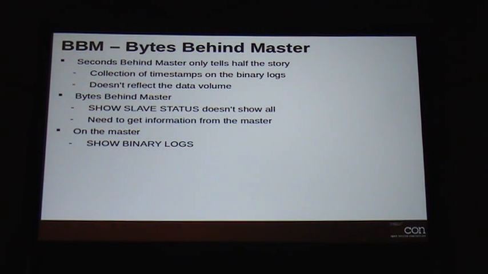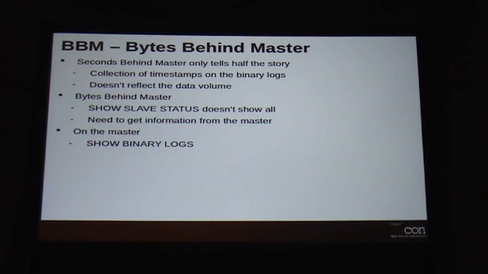Another thing that can happen is when you do consistent backups, you do a flush of the logs, which will close the binary log at whatever size it is at that point, and then rotate them accordingly. So if we look at the slave only, we don't have an idea of how big the binary logs are, and we need to go check the master to get the full information.